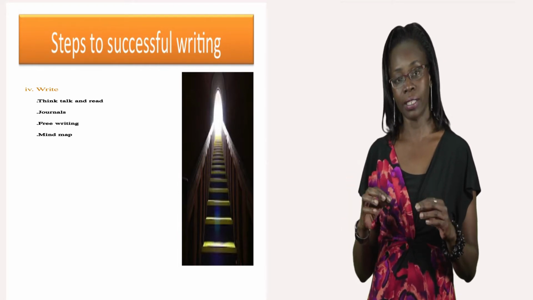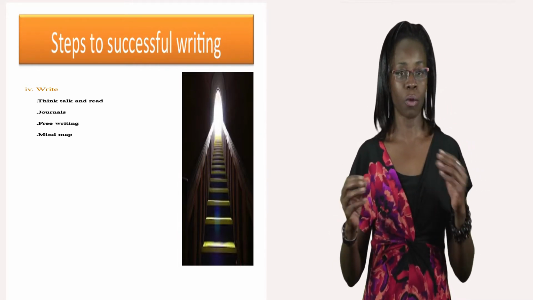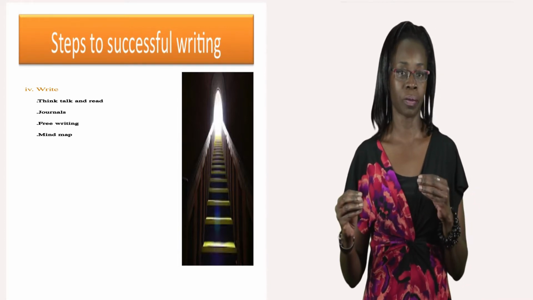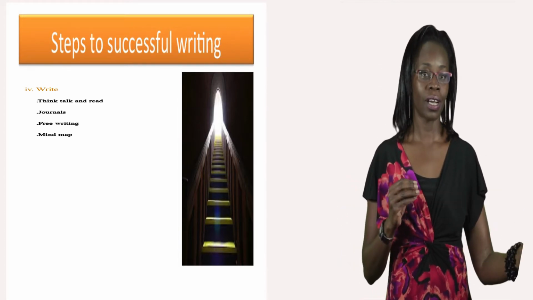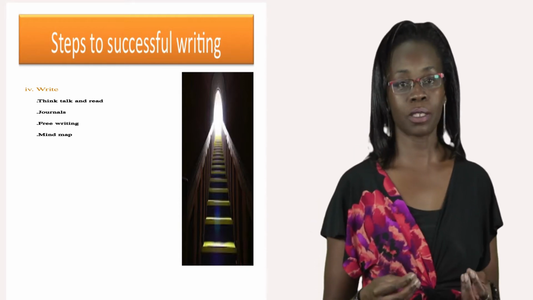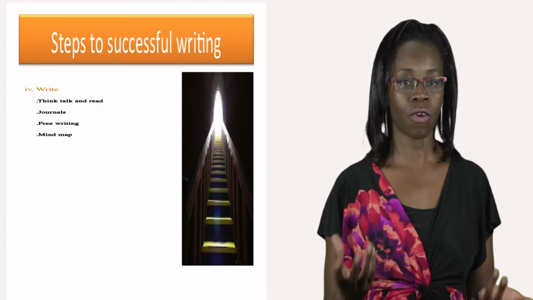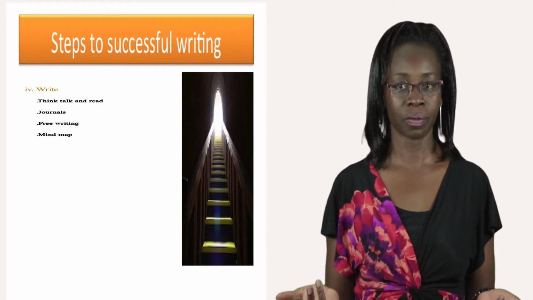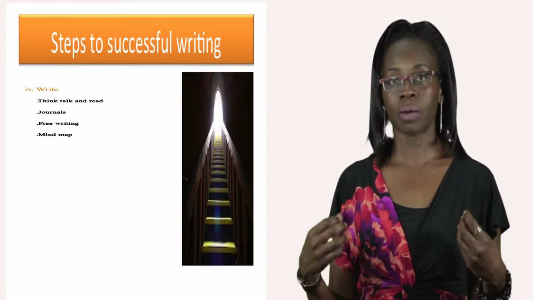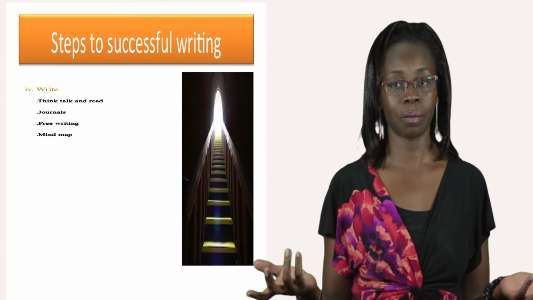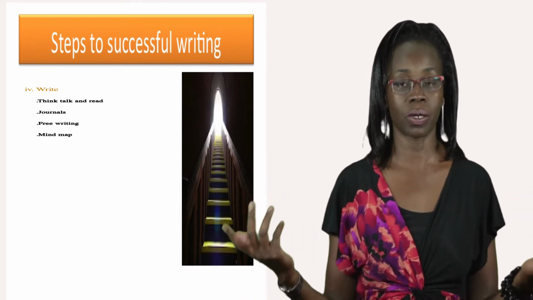Lastly, when you write, there's a style, or a mode of writing, that we call mind mapping. It's called mind mapping or spidergram. What does mind mapping mean? I'll explain mind mapping in form of an example. For example, if someone tells you to write something about climate, there are many things you can write about climate.